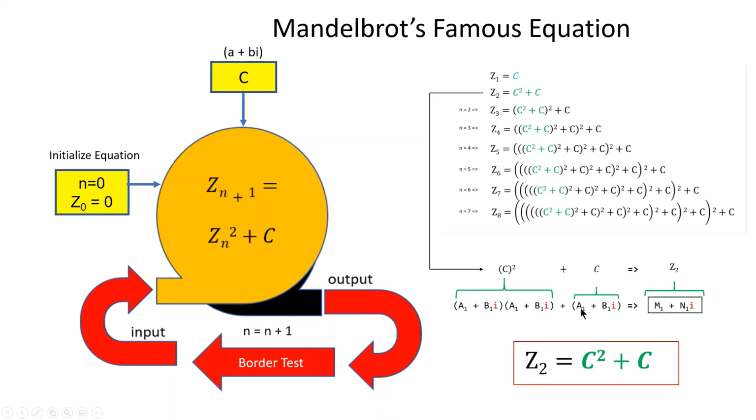We add A1 plus B1i, that's another point, to it, and it comes out to some Z2, which is some real number here and some imaginary component over here, N1i. All of this reduces down to one point again. So that's the good news about all this complicated stuff, that it always reduces down to another point. And that other point can be evaluated with regard to the circle of radius 2.